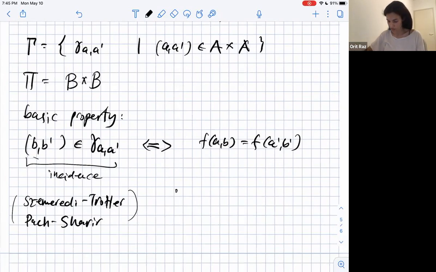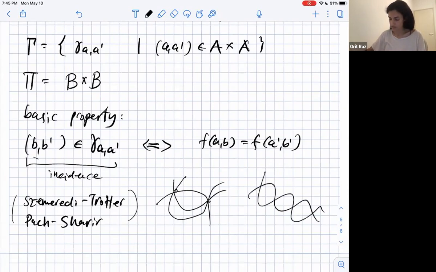We needed to know that no two points are crossed by more than a constant number of curves, and no two curves intersect in more than some constant number of points. And if these two assumptions are satisfied, then we can apply the standard tools in order to bound the number of incidences in the plane, and then we got what we wanted.